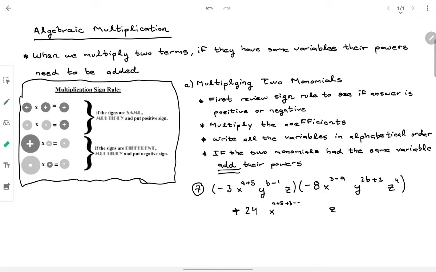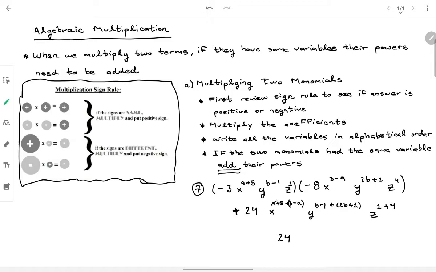Then we will get y, that it will be b minus 1 plus 2b plus 1, and it's going to be c. Remember, it doesn't have anything, it's a 1, so 1 plus 4. So our final answer is going to be 24. We don't need to put the positive sign.